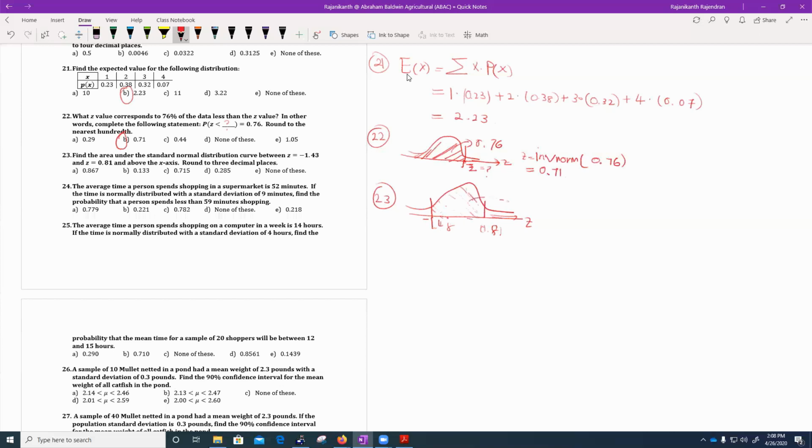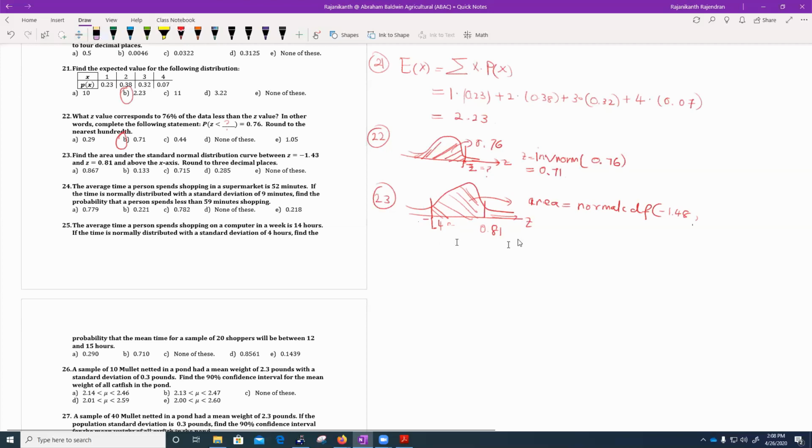So I'm using the calculator. The area under the normal distribution curve is given by the normal CDF function. You need to put the bounds, right? The left point is negative 1.48. Oh, it is a 43, right? Okay, that's a correction, sorry for that.